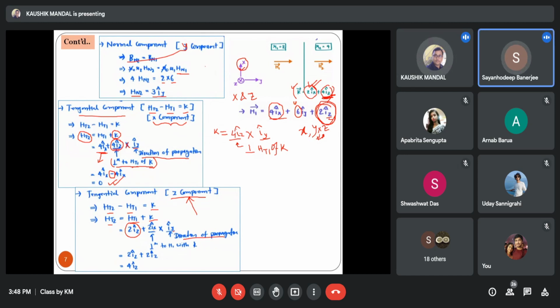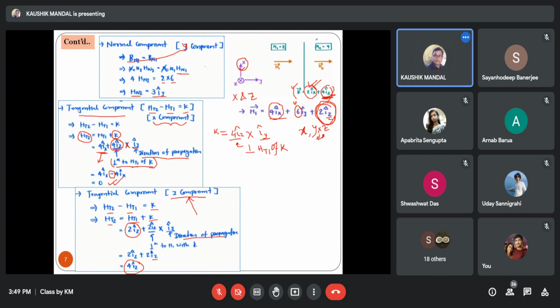Now what will be ix cross iy? That is iz. Then what will be the sign? It is positive, as it is in sequence x to y. So that is 2iz plus 2iz, total 4iz.